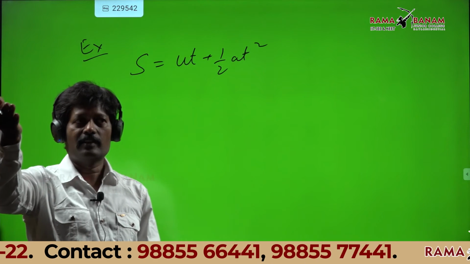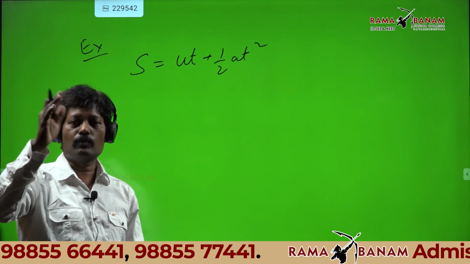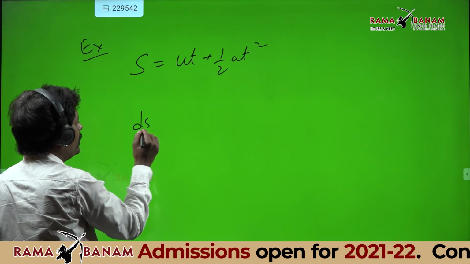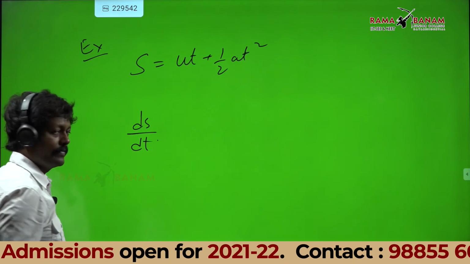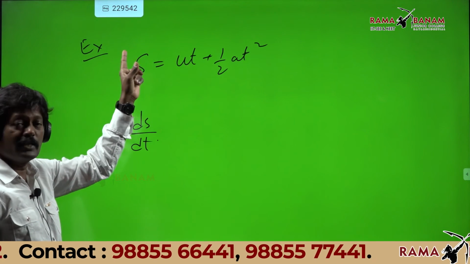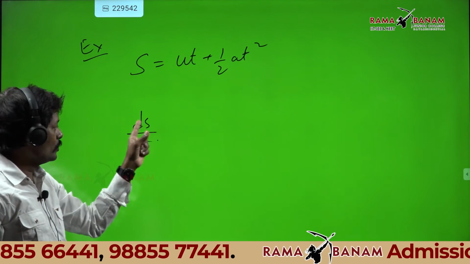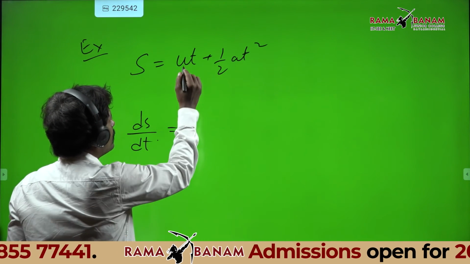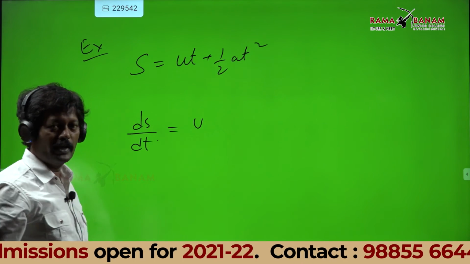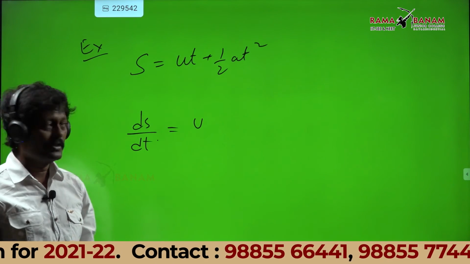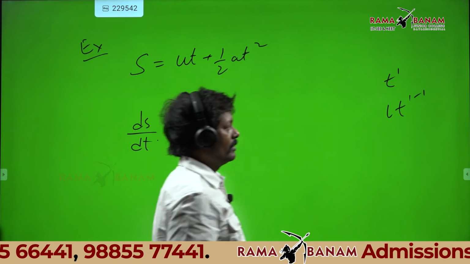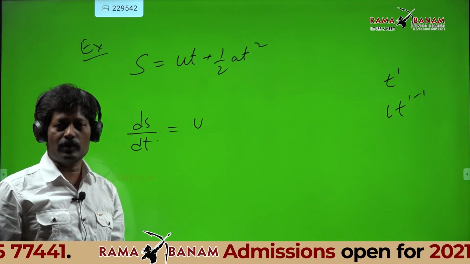Previously I took y equal to x power n and differentiated y with respect to x. Here, differentiate S with respect to time. So ds by dt: the derivative of ut is u, since the derivative of t is 1 (t power 1 minus 1, t power 0, is 1).